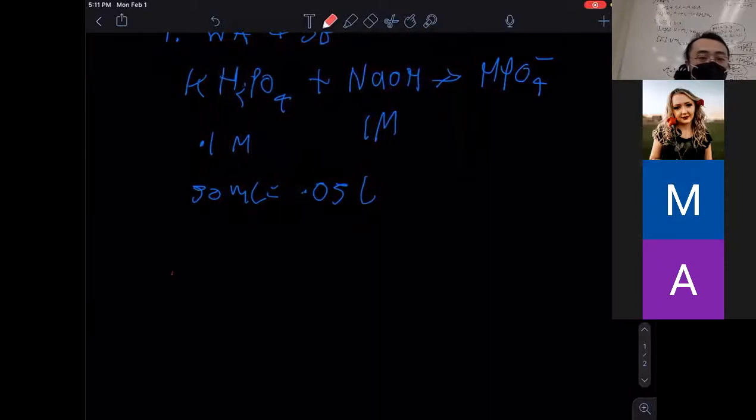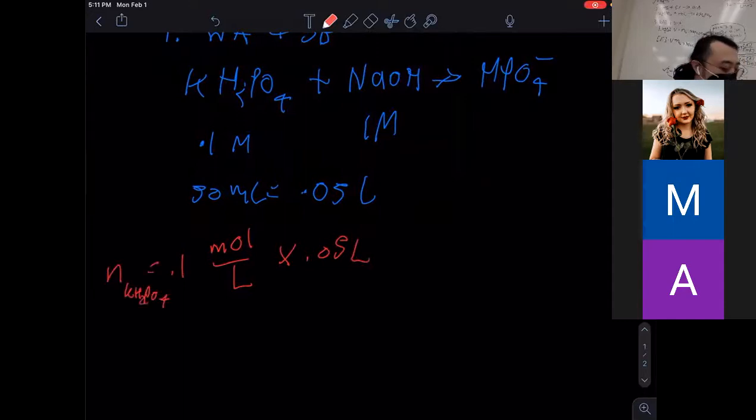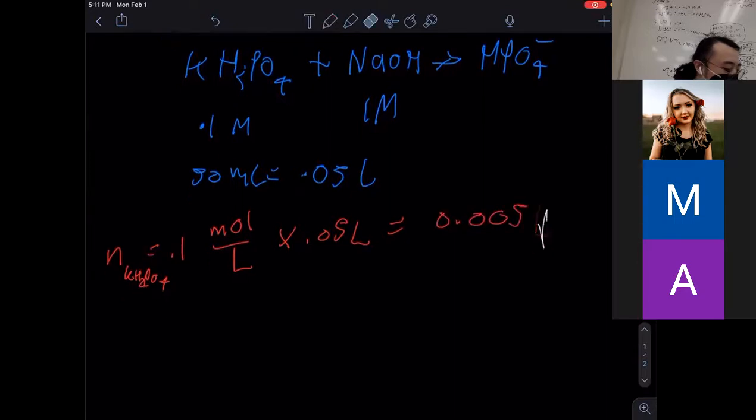So we have 0.1 mole per liter times 0.5 liter. It's going to be 0.05 moles.